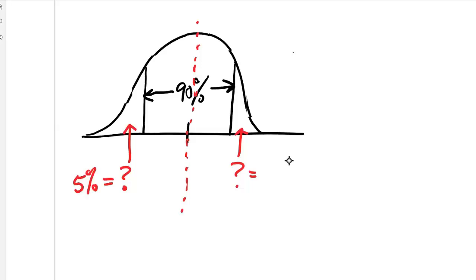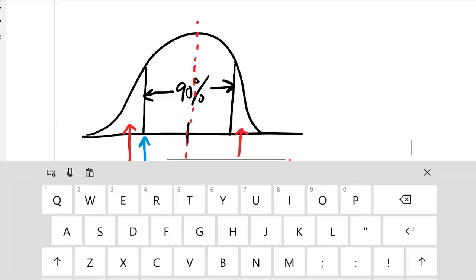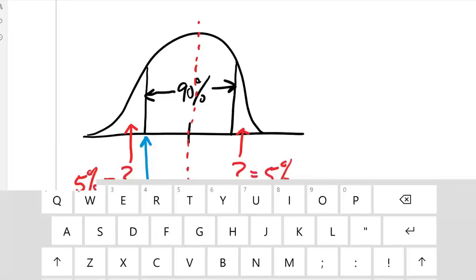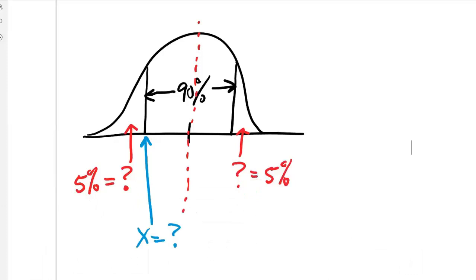Well, what I really am after, though, is what is the X location where I get 5%? Well, good news. That comes from the Z chart. So let me pull up a Z chart, and I'm going to show you in there.